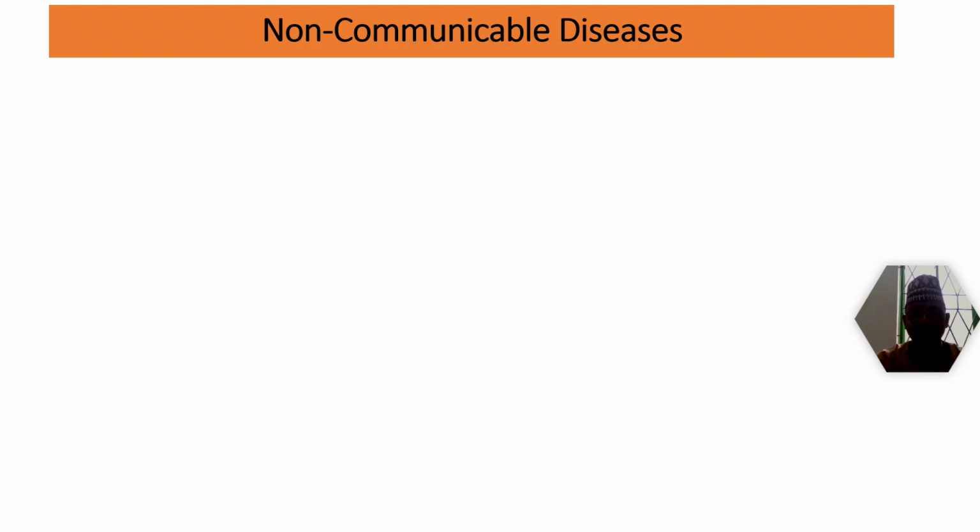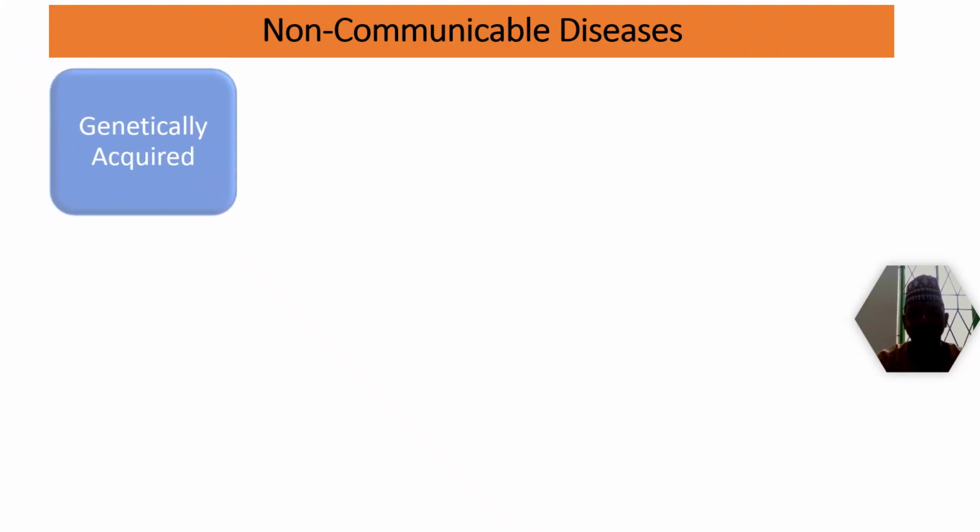Therefore, based on their causes or origin, non-communicable diseases are categorized into three major categories. We have non-communicable diseases that are caused by genetic factors, and they are called genetically acquired non-communicable diseases.